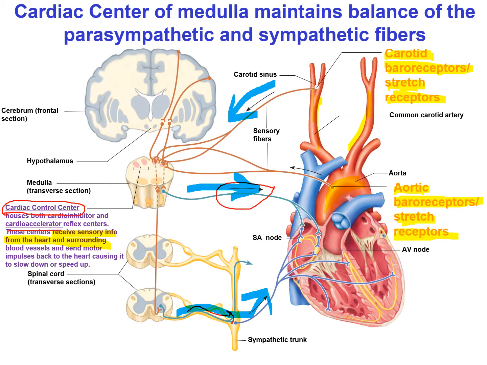Because in this particular example of homeostasis, we want to maintain a fairly constant heart rate, which of course then also impacts blood pressure.